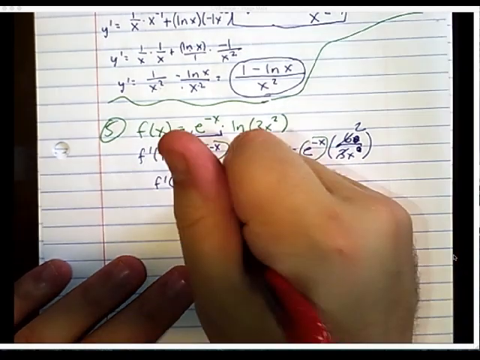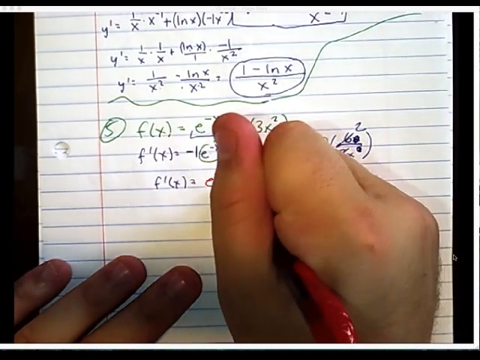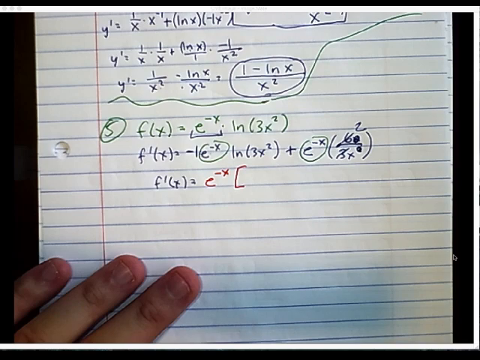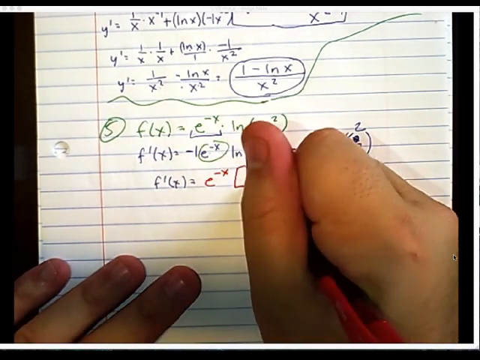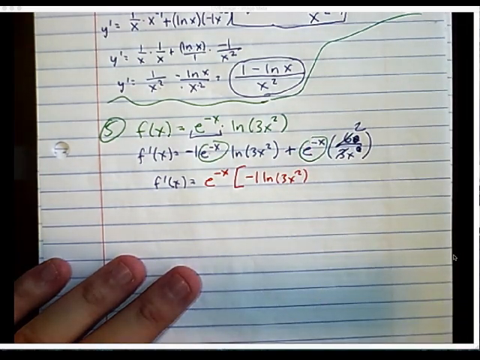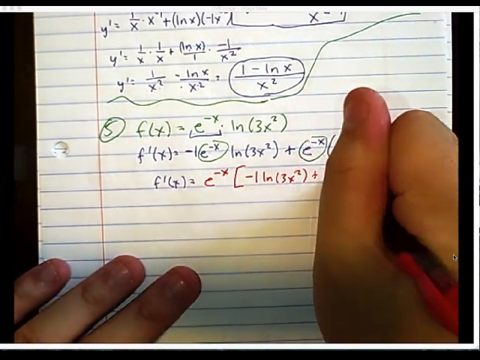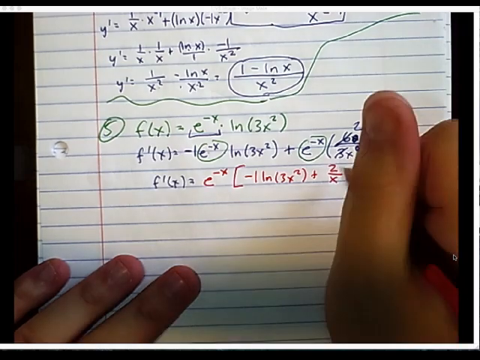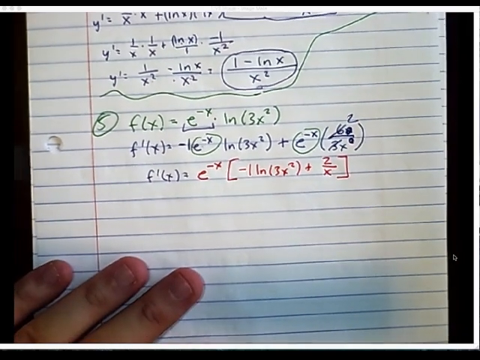So I could factor that out. Then what do I have left? I have a negative 1 ln of 3x squared plus a 2 over x. So that'd be a nice way to write the answer.